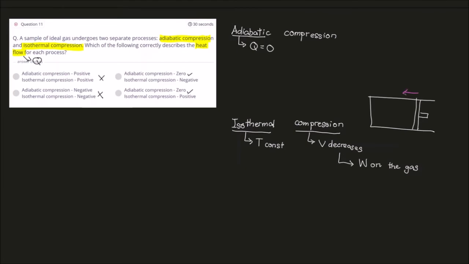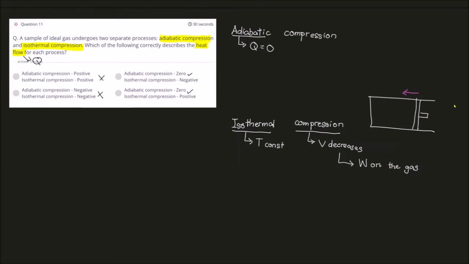Pressure is a pushing force, so to push the piston to the left, you can only do it from the right hand side of the piston. If you push from the other side, the piston will go to the right. So you have to push from this side, which means it's the environment pushing the piston. The environment is the one pushing, so the gas is the one that received the push.